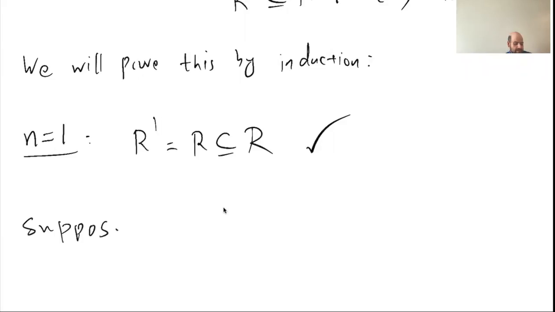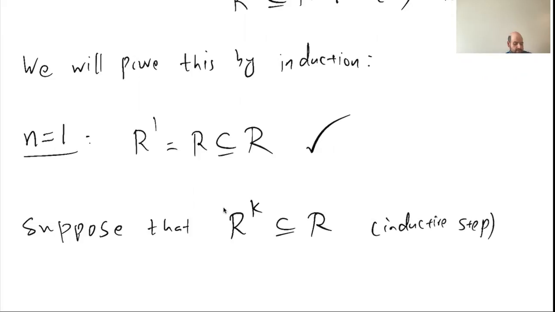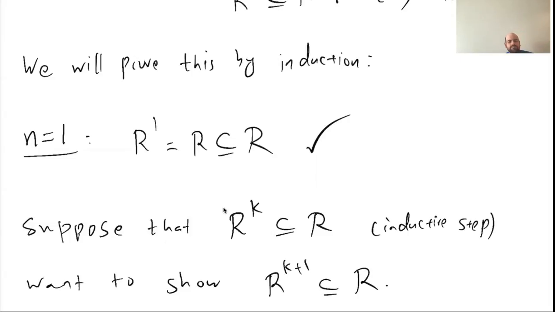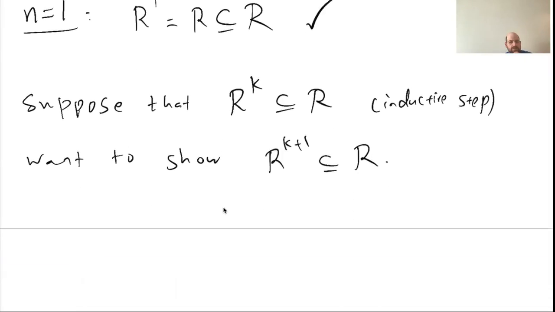Now suppose that R to power k is a subset of R. So inductive step. And we want to show that R to power k+1 is a subset of R as well. So R to power k+1 is a subset of R.